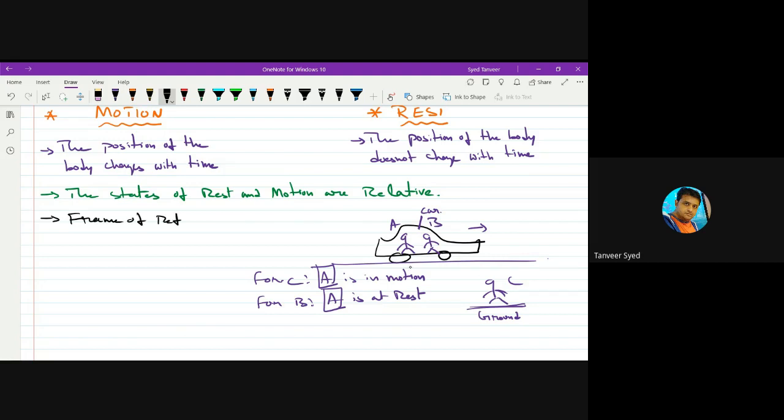Frame of reference. What is this frame of reference?